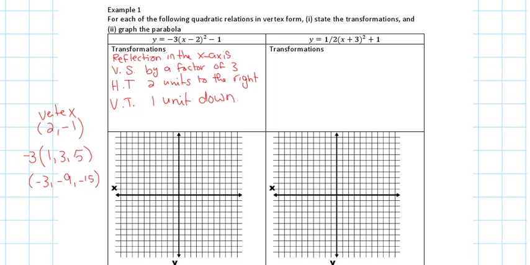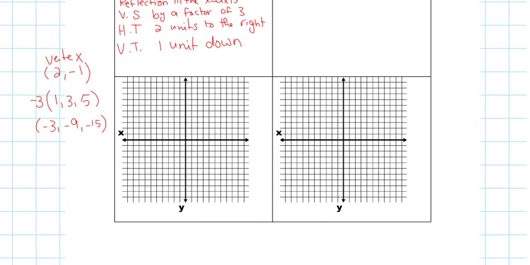So first thing you're going to do is find your vertex. Locate your vertex. It's at 2, -1. So 2, 4, 6, 8. Make sure you have some values on your graph.